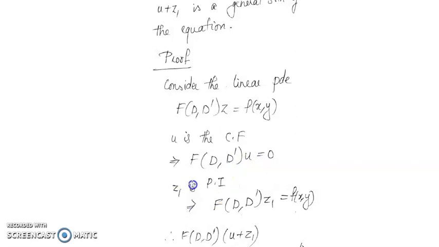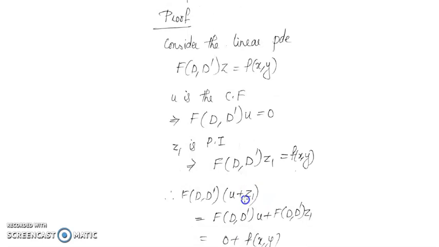Now when z1 is a particular integral, it will be a solution of equation 1. So f of d dash z1 will be equal to f of xy. Now let us take the operator f of d dash on u plus z1. By the property of differentiation, this can be written as f of d dash u plus f of d dash z1.